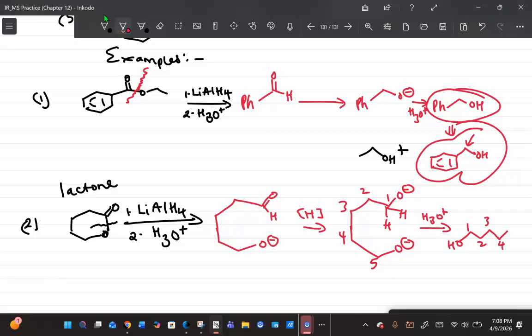So will this use two equivalents? No, it's on the same molecule. So not two equivalents, it's the same structure. Having a diol.